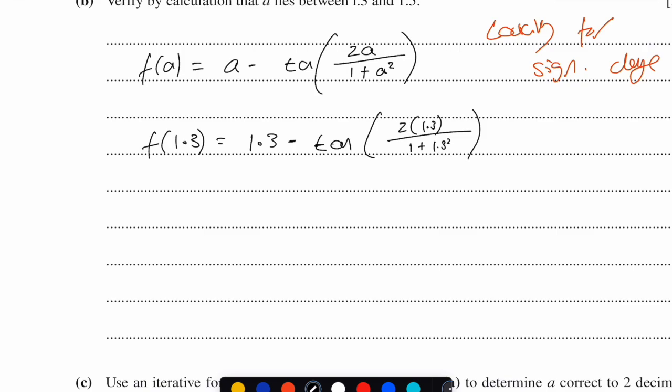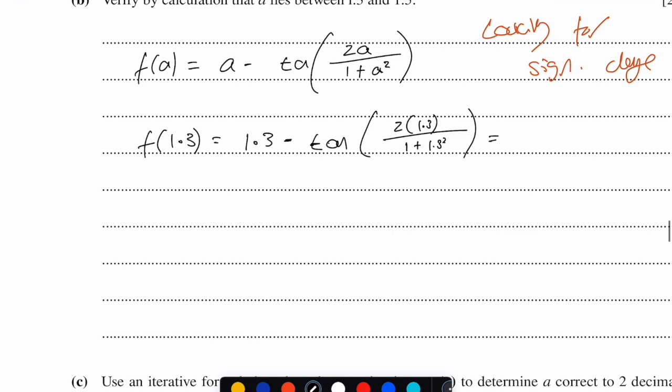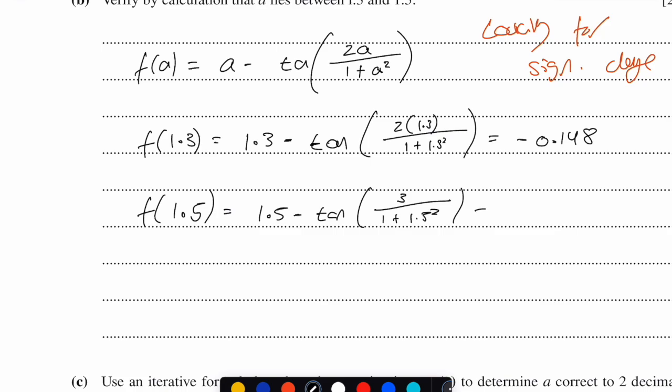If I plug that in, that's going to give me negative 0.148. If I do f of 1.5, that's 1.5 minus tan 3, because 2 times 1.5 obviously, over 1 plus 1.5 squared.